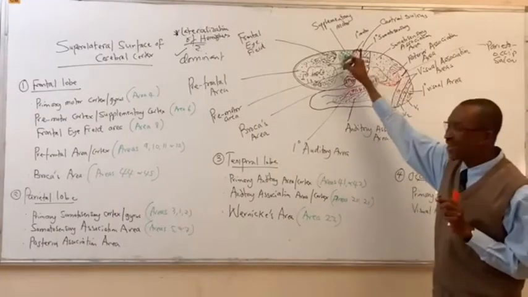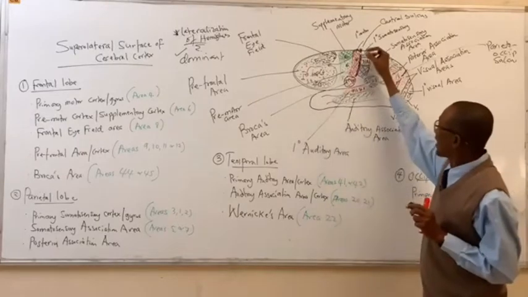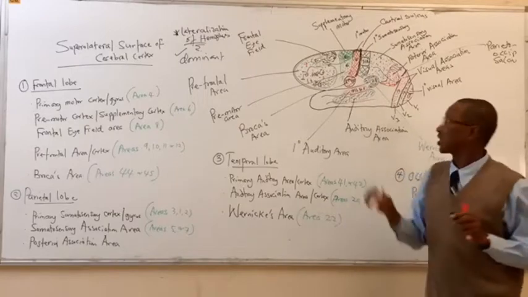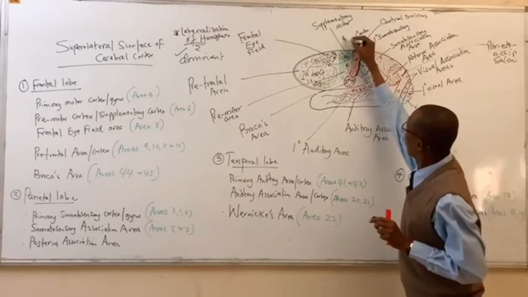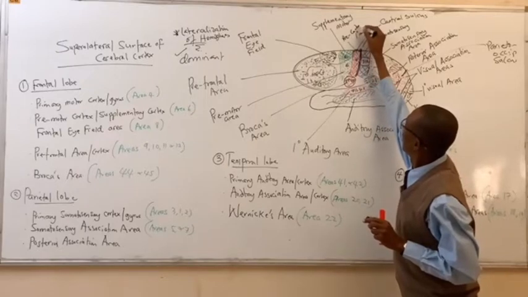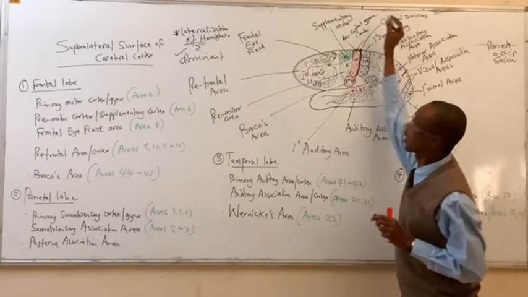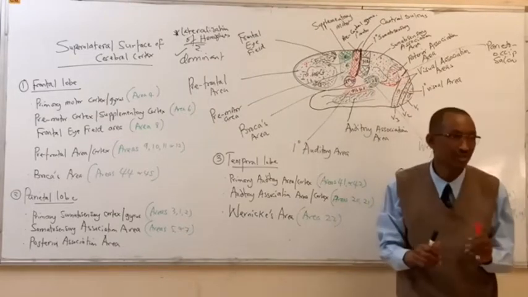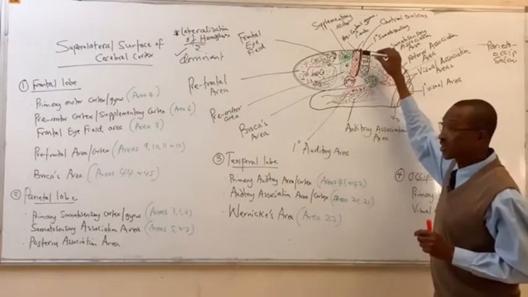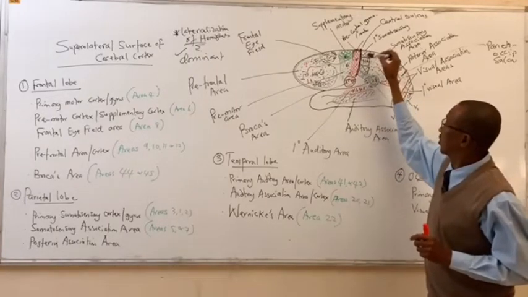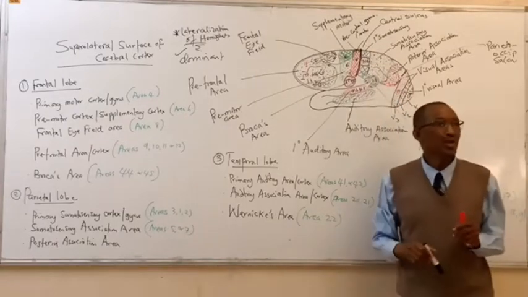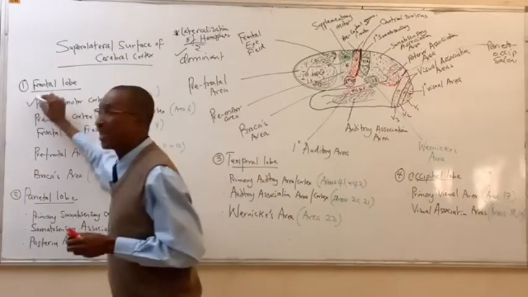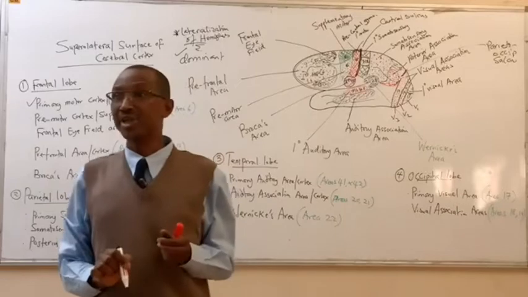So immediately behind these 3 gyri, there is yet another gyrus, what we call precentral gyrus. This precentral gyrus here, we call it what? Precentral gyrus. This precentral gyrus is the seat of our main motor activity. And that is why it contains what we call the primary motor cortex or primary motor area. So this primary motor cortex is lying directly on the precentral gyrus.